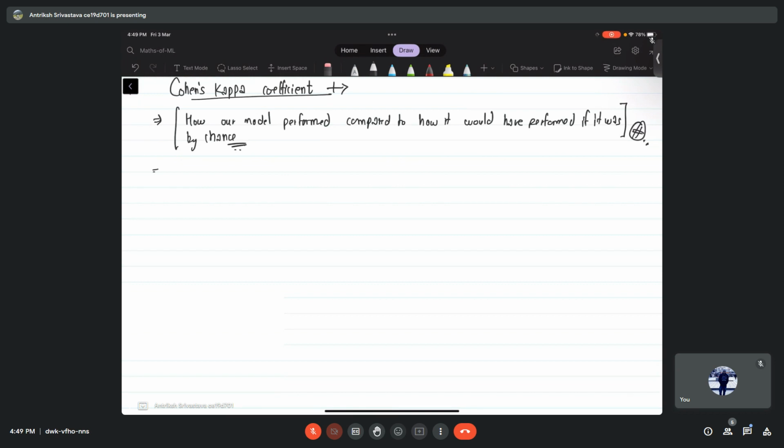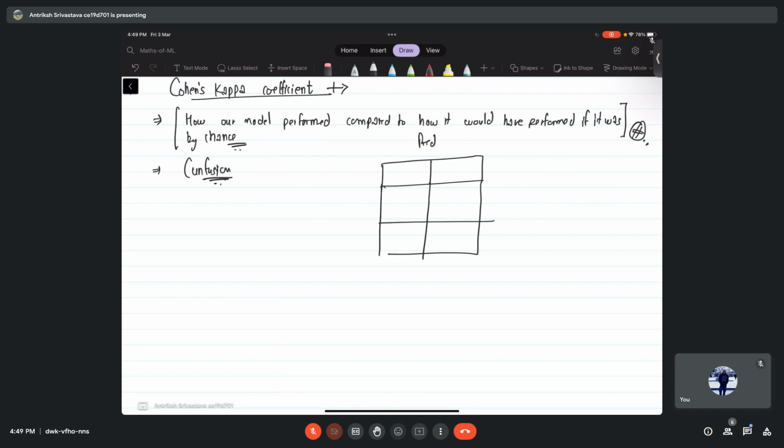So you must be familiar with the confusion matrix by now, that will have these entries of true positive, true negative. Let's say we have prediction here and model here. So we have here true positive, false negative, false positive, and true negative.